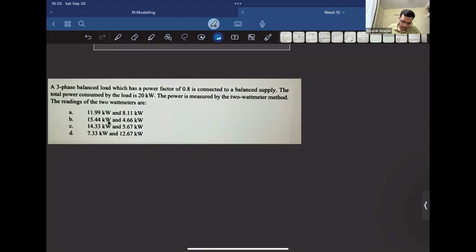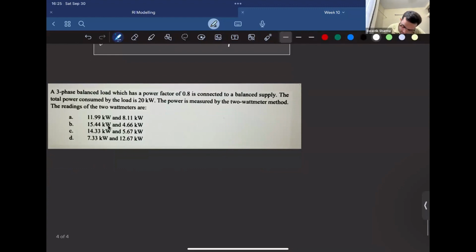It's saying that there is a three-phase balanced load which has a power factor of 0.8. That means cos theta is 0.8. It is connected to a balanced supply. The total power consumed by the load, so PT is also given, which is 20 kilowatt.